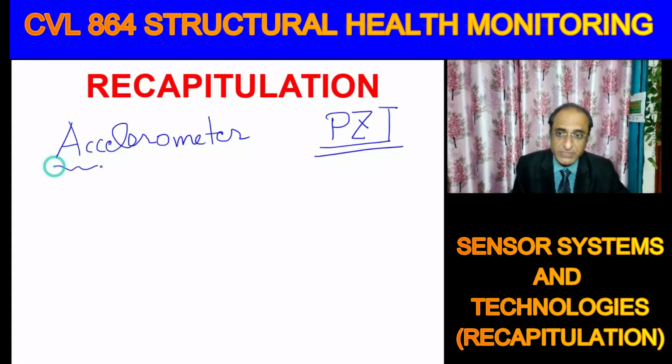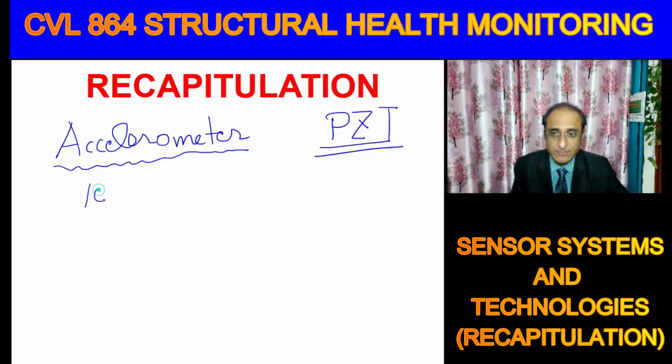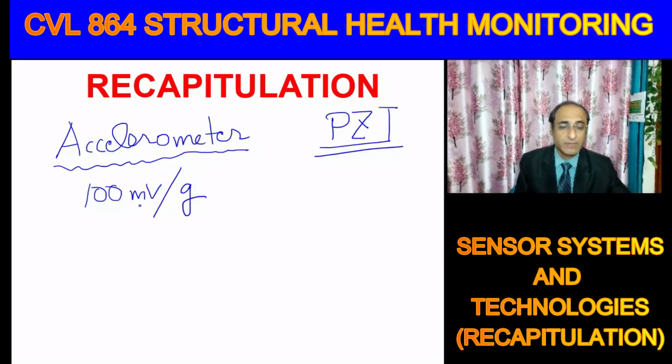For the accelerometer which we had used, the manufacturer gives us the conversion factor of 100 millivolts per g. That is the conversion factor given by the manufacturer, PCB. They have provided it in their data sheet.